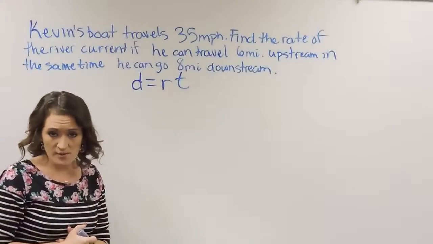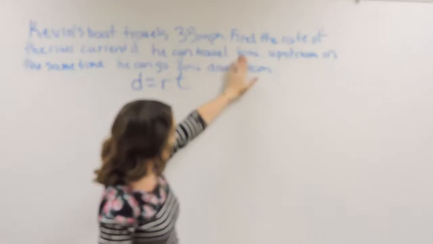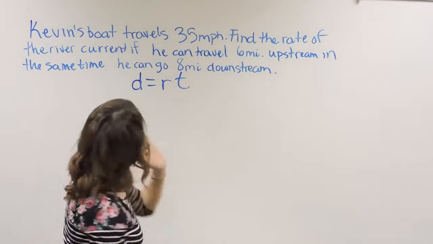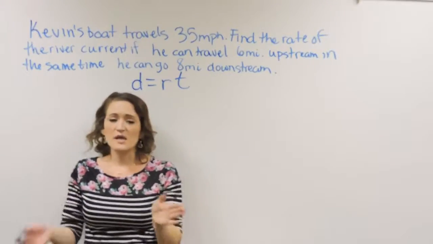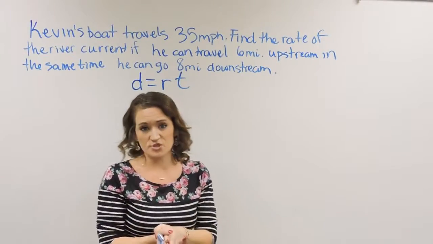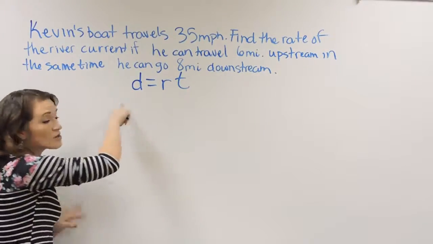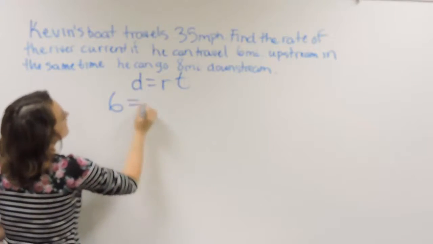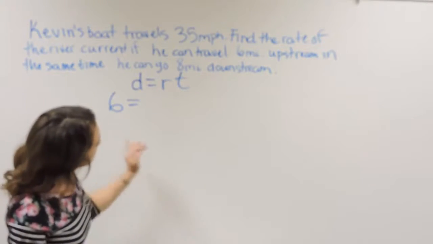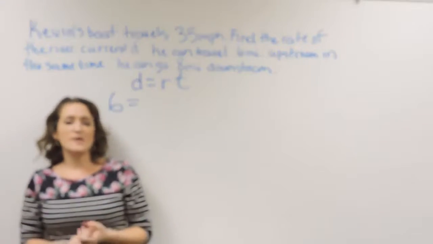Our first scenario is going upstream. It says that he can travel 6 miles upstream, so 6 miles is our distance. I'm going to say 6 is the distance, and that's going to equal rate times time.